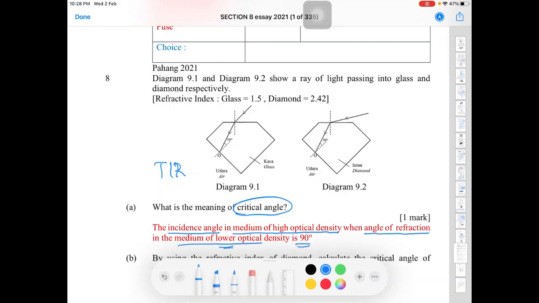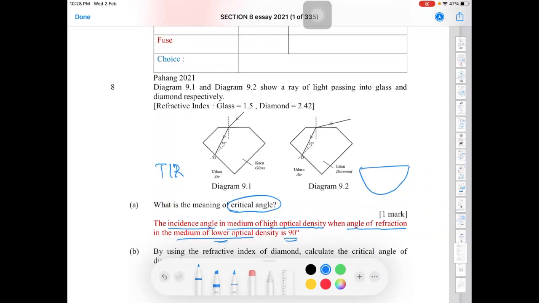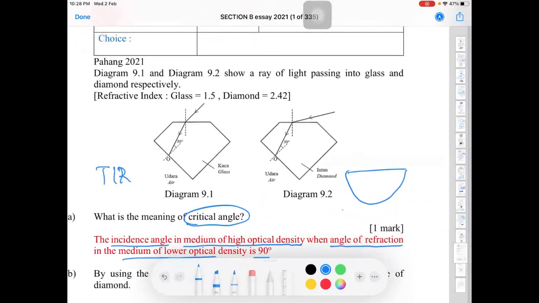Okay, so maksudnya kalau you ada a glass macam ni yang you belajar. So bila you buat incident angle, ni. So you bagi dari ni denser medium and dia lebih tinggi. Keluar dekat air and dia lebih rendah. So bila the angle sini, the ray ni duduk dekat sini, 90 degree.